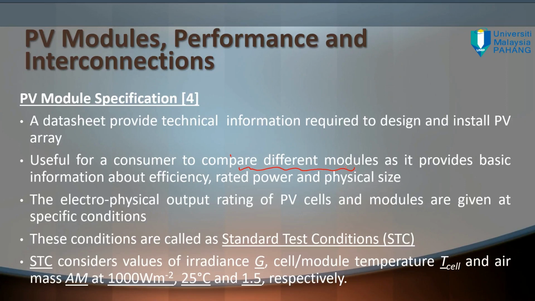So this is the PV module specification. The physical output rating of PV cell modules is given at a specific condition. These conditions are called the standard test condition. After this, we are looking into it. Okay, standard test condition. So this is the value that I told you before. The items for the STC are the three things here.